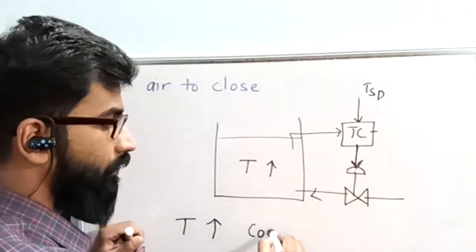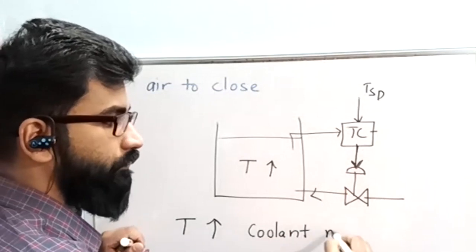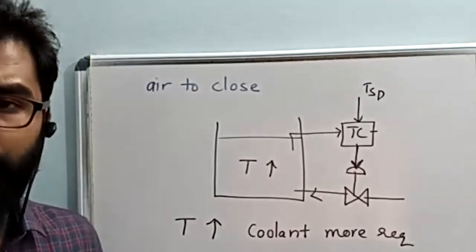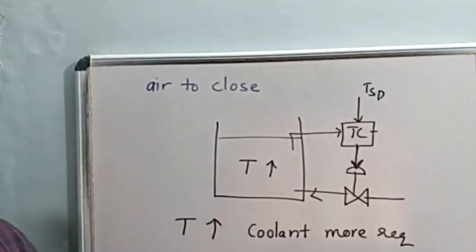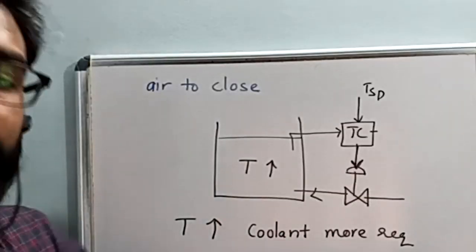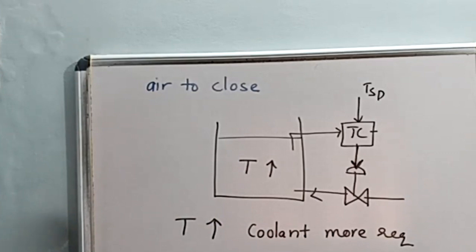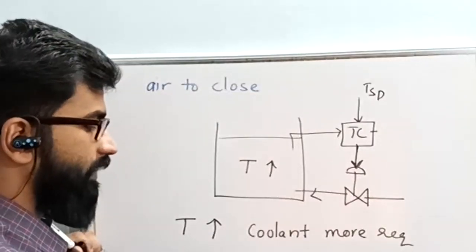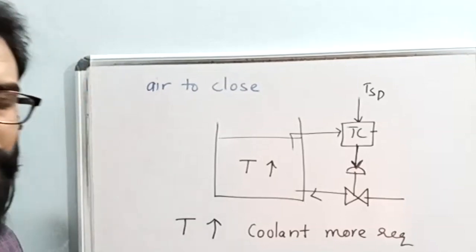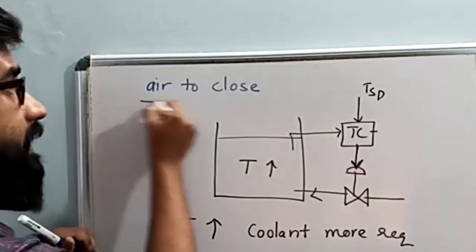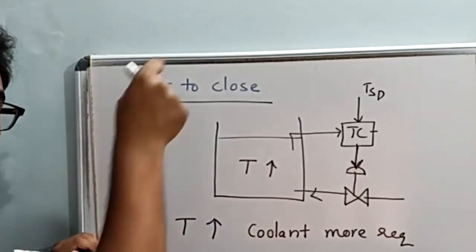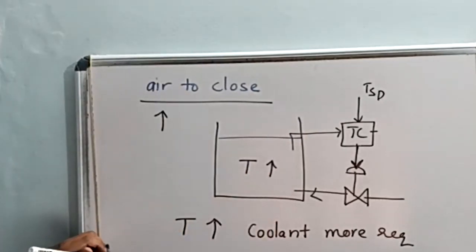If the temperature is increased, we should have more coolant flow. So to increase the coolant, what should we do with the air pressure? Decrease air pressure or increase air pressure? Because this is an air to close valve. If you increase the air, what will happen? The valve will be closed, right?